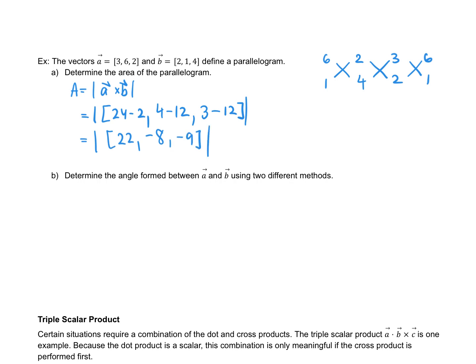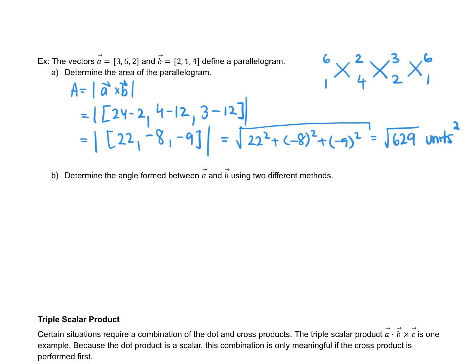And now I just need to find that magnitude. So the square root of 22 squared plus negative 8 squared plus negative 9 squared. And if I'm keeping it in its exact form, that'll be the square root of 629 units squared. And that's the area.